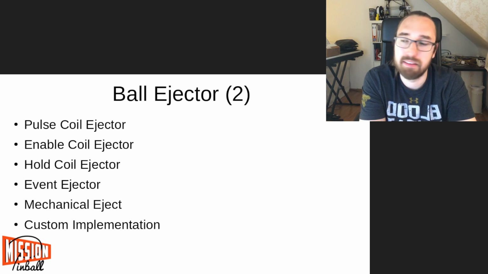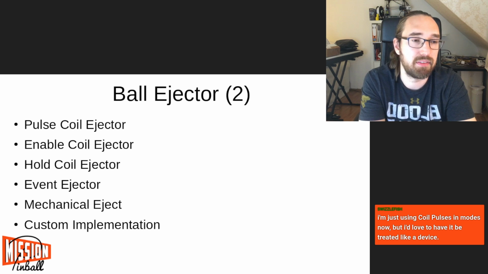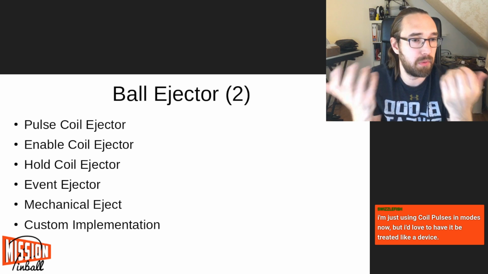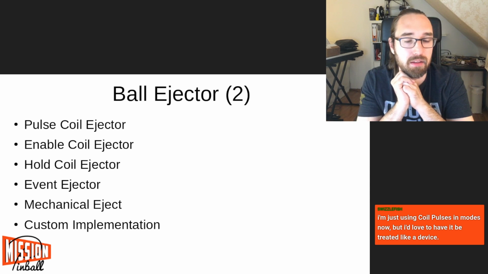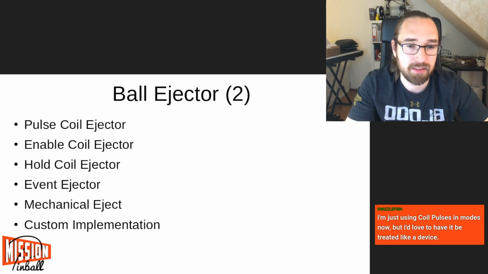Yeah, the center post also wouldn't be a ball device, because it doesn't capture the ball and doesn't have a ball switch. It's just something which blocks the space between your flipper fingers, right?